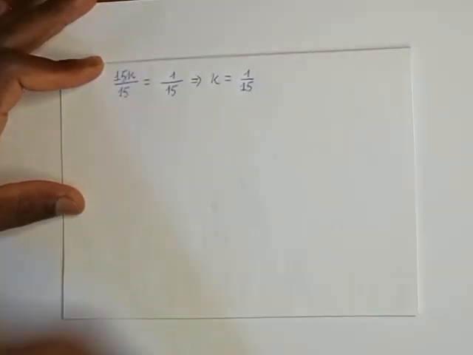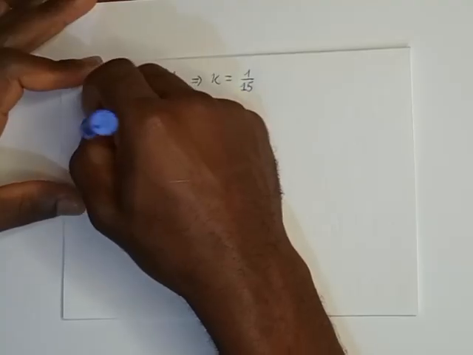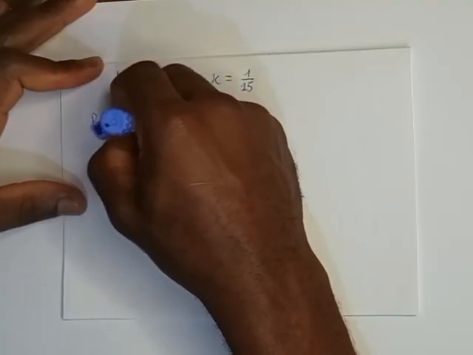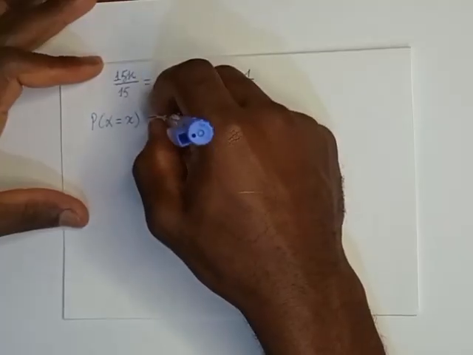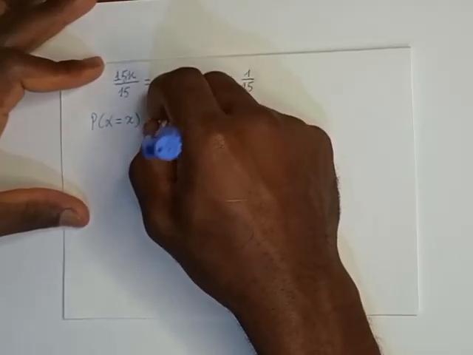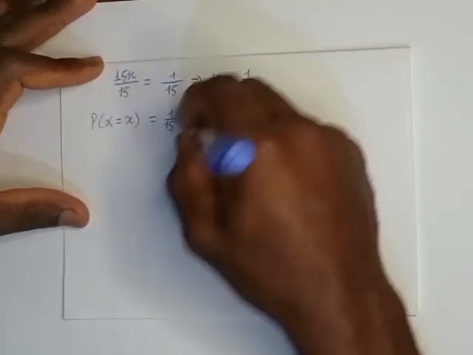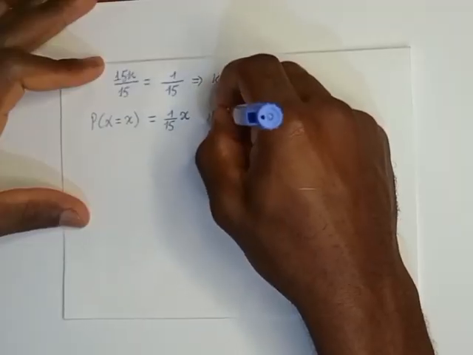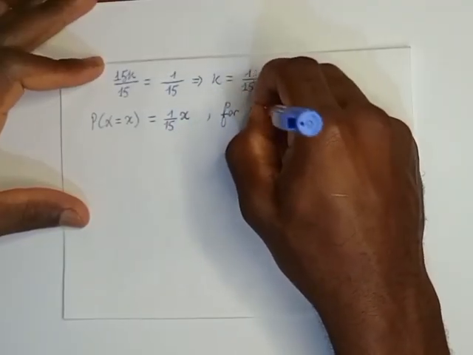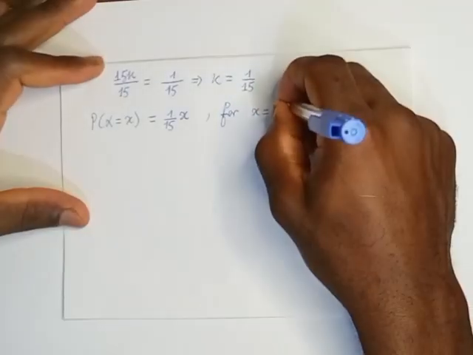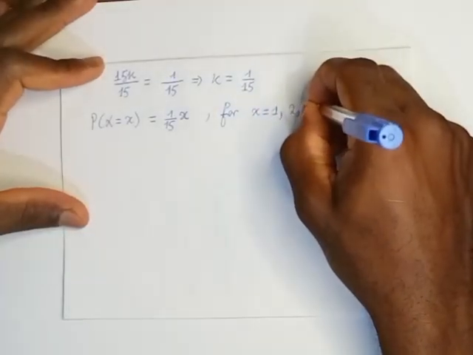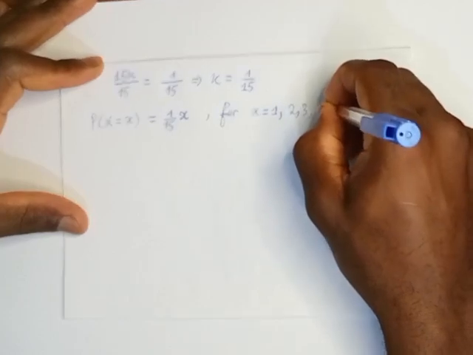Now we can write down our PDF: P(X = x) = x on 15, for x = 1, 2, 3, 4, and 5.